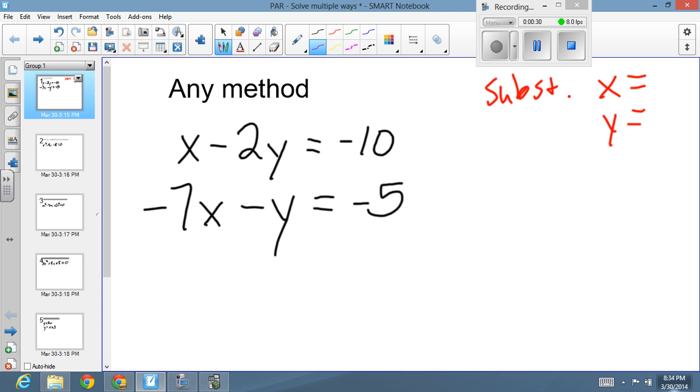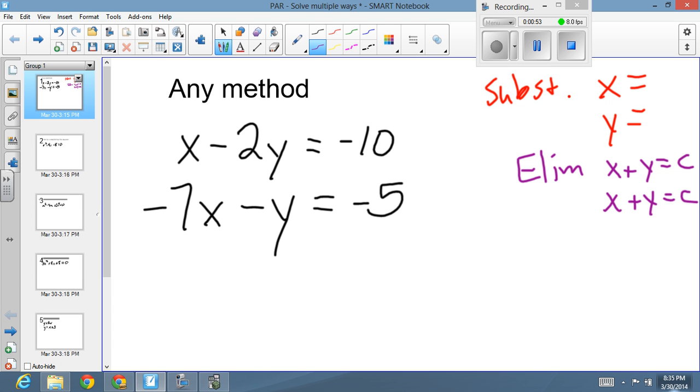But elimination also works when you have x's and y's equaling a constant, and if you can get the x's and the y's to somehow cancel, then you can eliminate a variable.